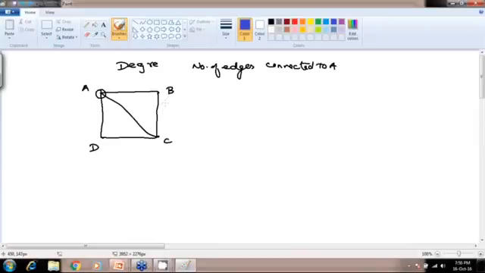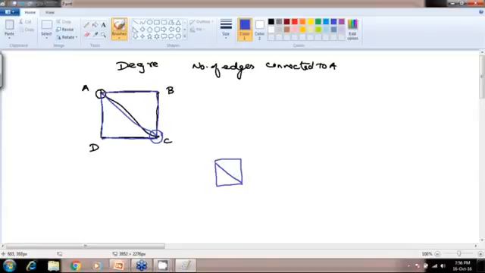without lifting the pen. So let's say that he starts from point C, and maybe he can go from C to D, and then from D to A, and then he goes from A to C, and then from C to B, and then from B to A. So suppose somebody is starting from node C or vertex C, then he can actually draw this graph without lifting the pen.